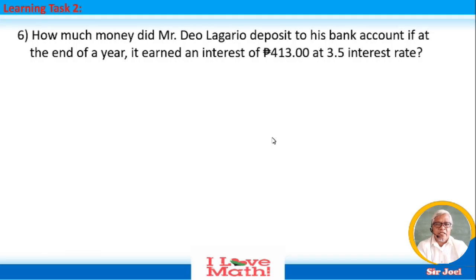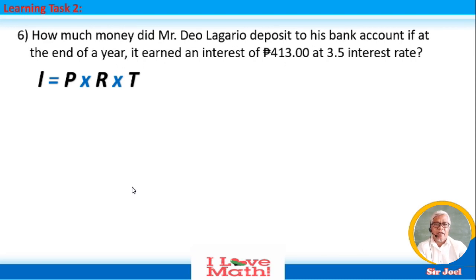Problem number 6. How much money did Mr. Deo Lagario deposit to his bank account if at the end of a year it earned an interest of 413 pesos at 3.5 interest rate? To solve this problem, simple interest ang pinag-uusapan dito, which is equivalent to principal amount times the rate times the time.